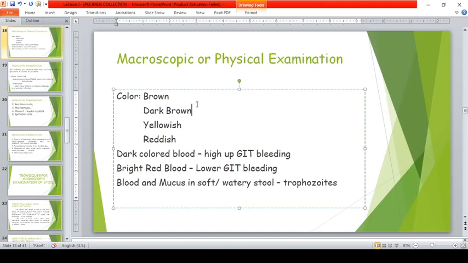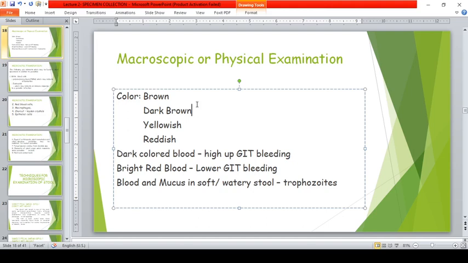So, color, you also have to identify the color. Okay? Because the color can give you a hint also. So, in a normal feces or in a normal stool, what is the component that gives its color?